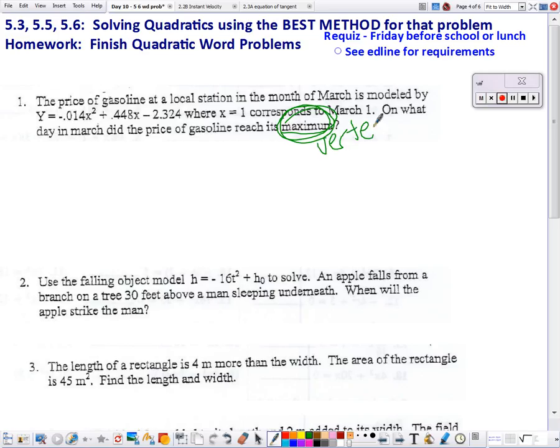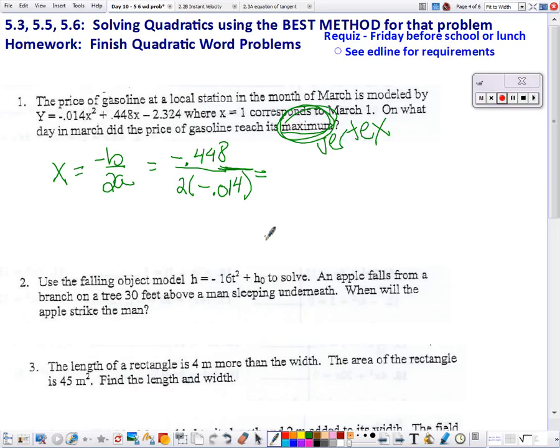That is at our vertex. So let's see, where is the vertex? When you have the standard form, x equals negative b over 2a will be the x value of our vertex. So that is negative 0.448 over 2 times negative 0.014. For problems like these with the decimals, you may use your calculator to simplify.